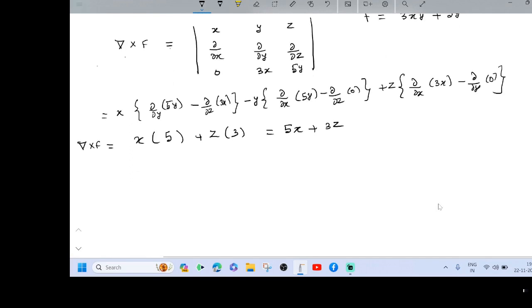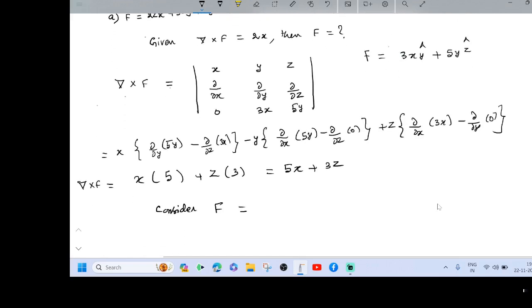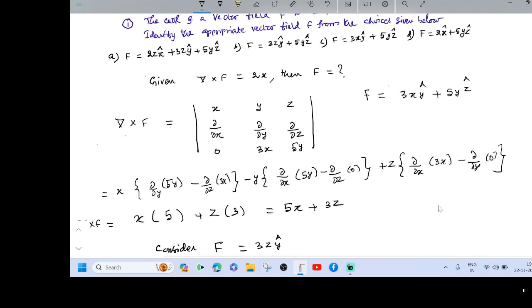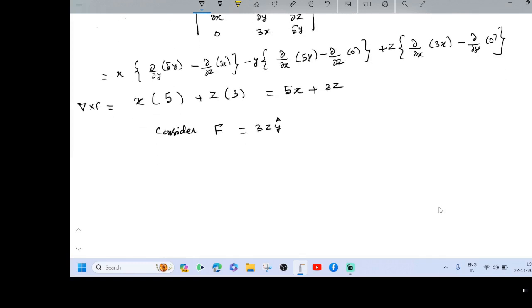F is equal to, consider f is equal to 3zy plus 5yz.